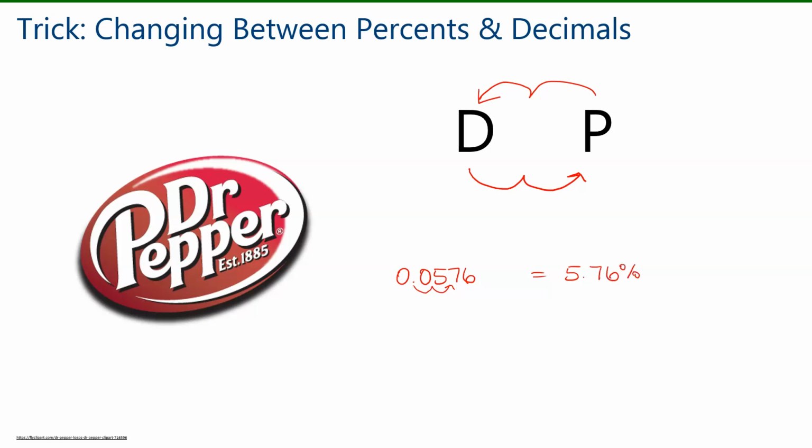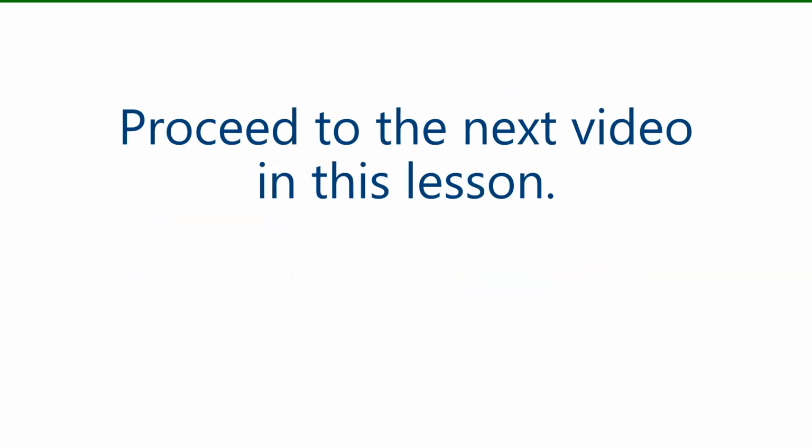And if I gave you 63.42% and I asked you to write that as a decimal, I could use this method and say, well, to go from percents to decimals will be 2 places to the left, and I'd put my pencil on my decimal and I would move that decimal 2 places to the left to get 0.6342. Please proceed to the next video in this lesson.